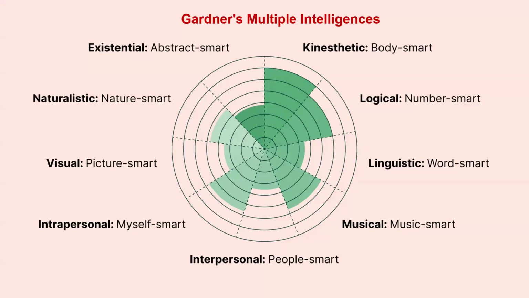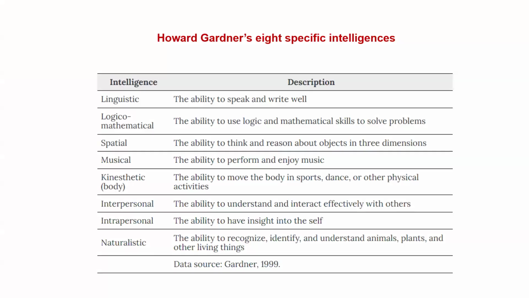What is the meaning of that? Here the meanings are given. Linguistic: some students have the ability to speak and write better than others. They are specialized in linguistics. I mean, they can talk well, they can write well.